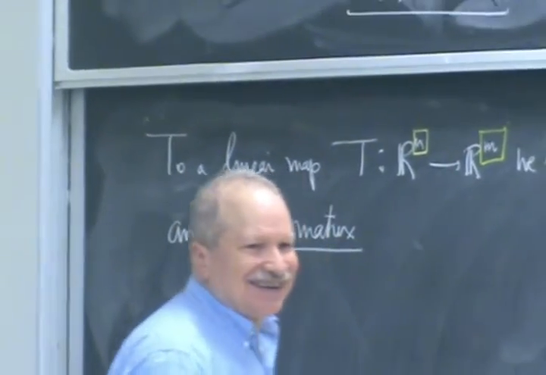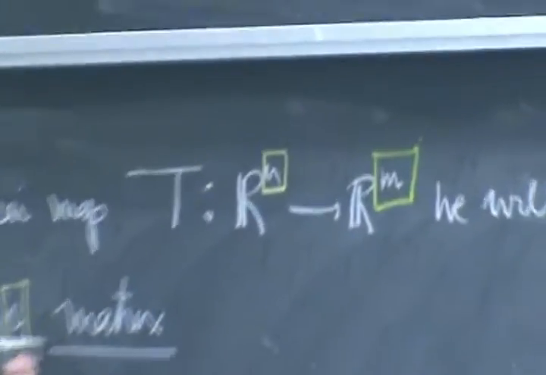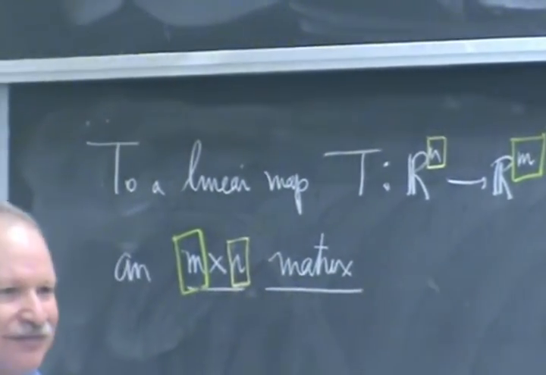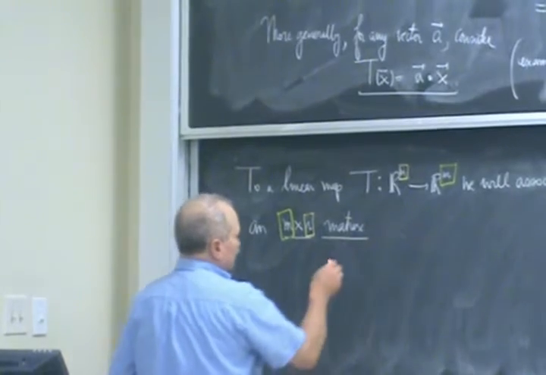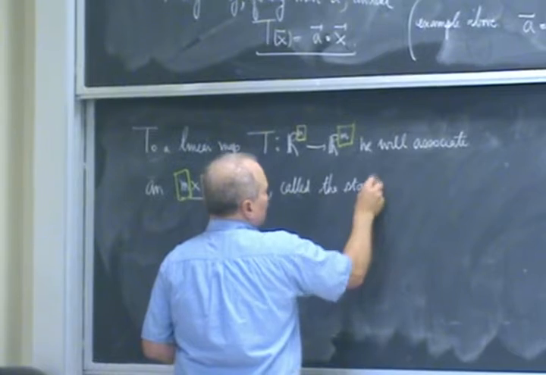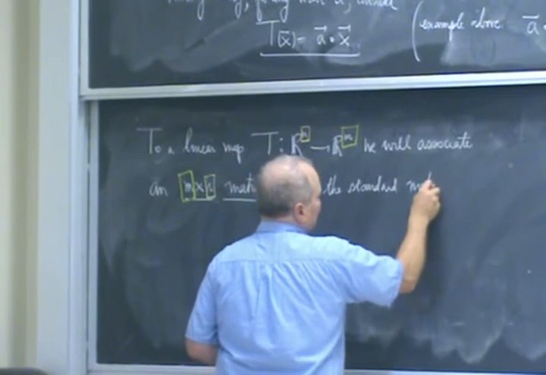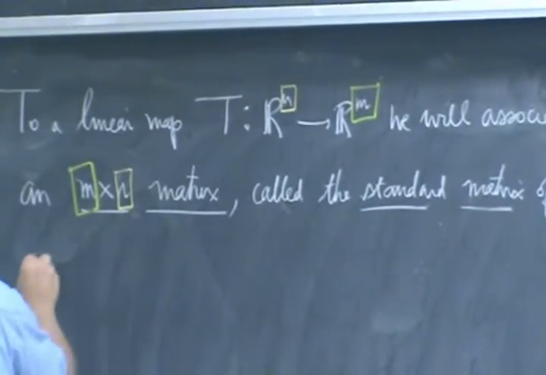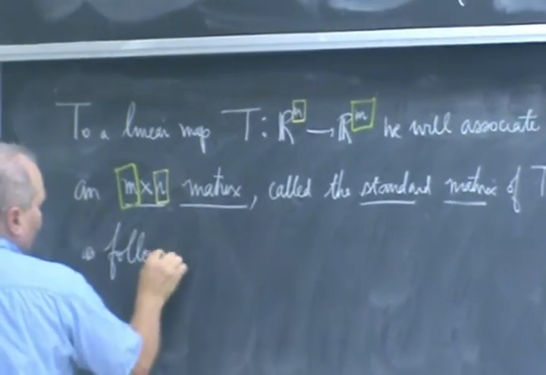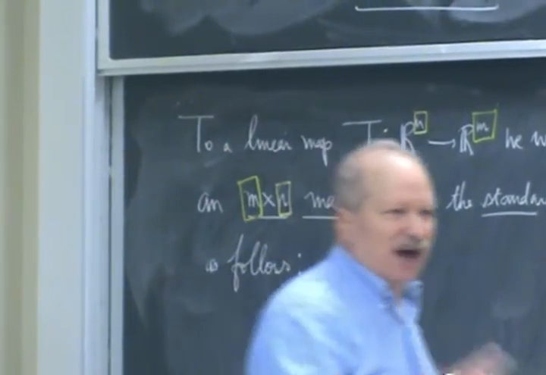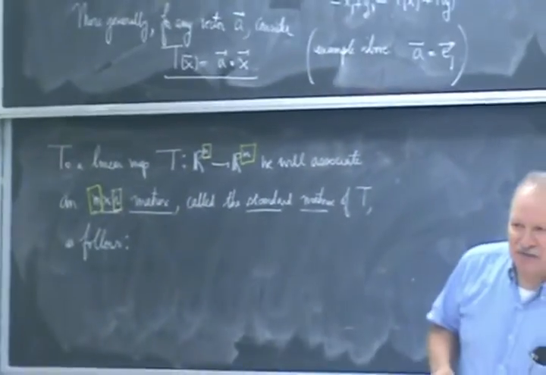This is m, and this is n. They switched orders, just to confuse you. Called the standard matrix of T. And I'm going to tell you how you do it. So this seems very mysterious, but you will see in 5 minutes that it's absolutely natural and you're going to be very happy with it.